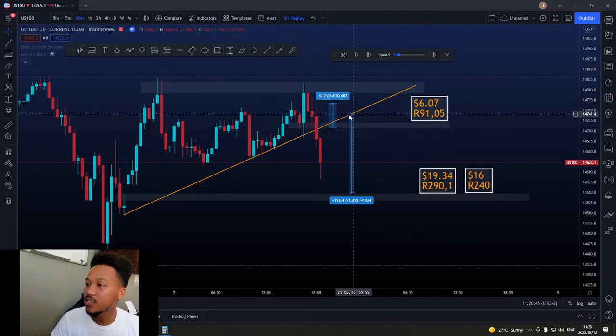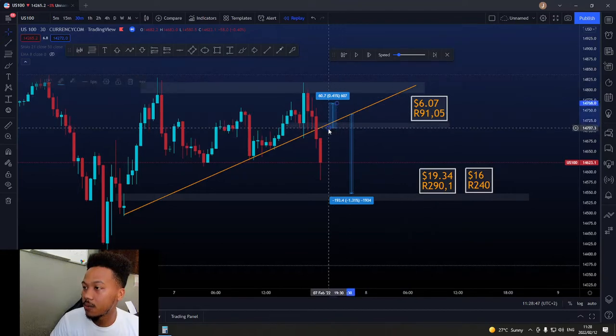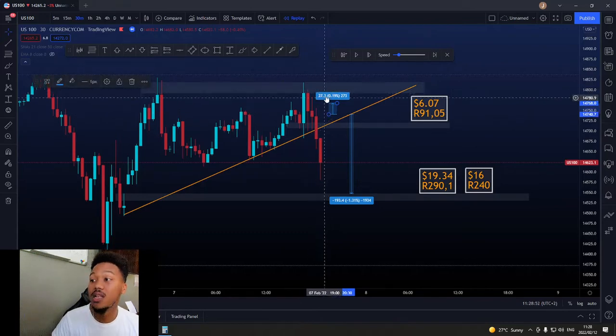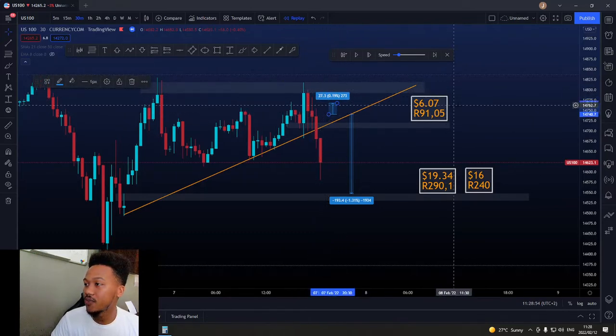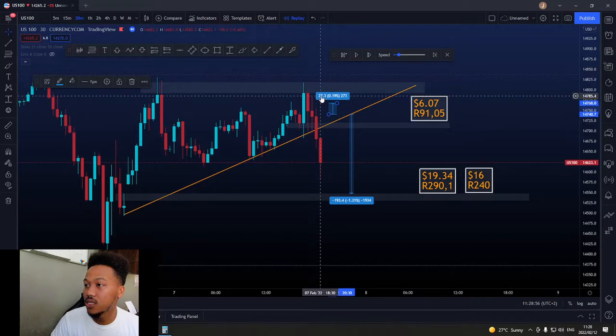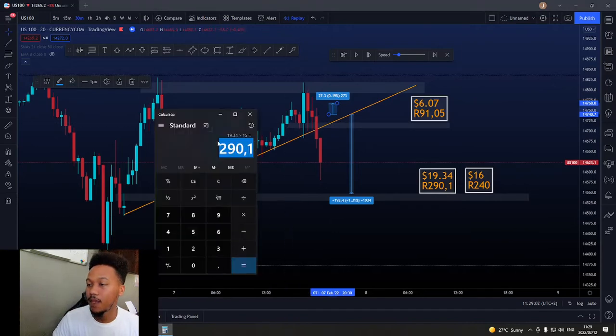So the risk will remain. I'm going to make the risk lesser, so then I will risk $27 over there. I'm going to take the 7 and bring it over, and then we have 2.73 dollars. So let's calculate that, guys. This is super important before taking an actual trade.